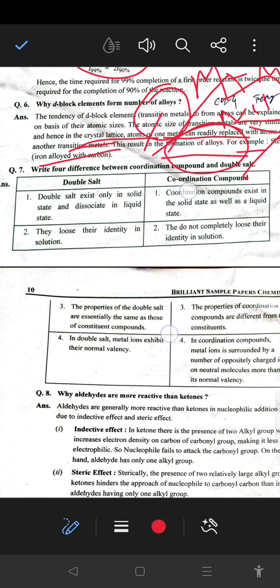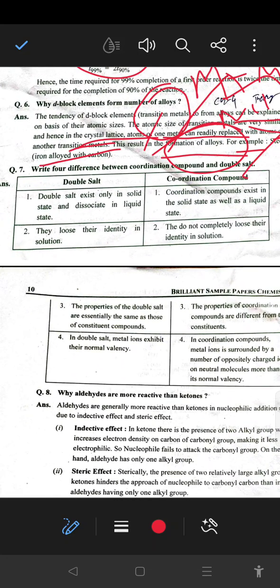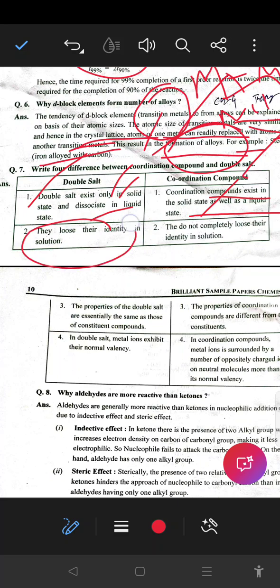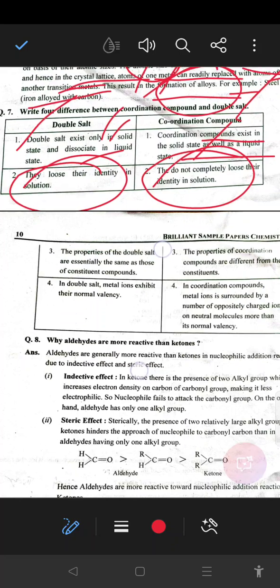So next question is, the difference between a double salt and a coordination compound. Double salt exists only in solid state and dissociates in liquid, and coordination compound exists in solid state as well as liquid state. Double salt loses its identity in solution, and coordination compound does not completely lose its identity in the solution.